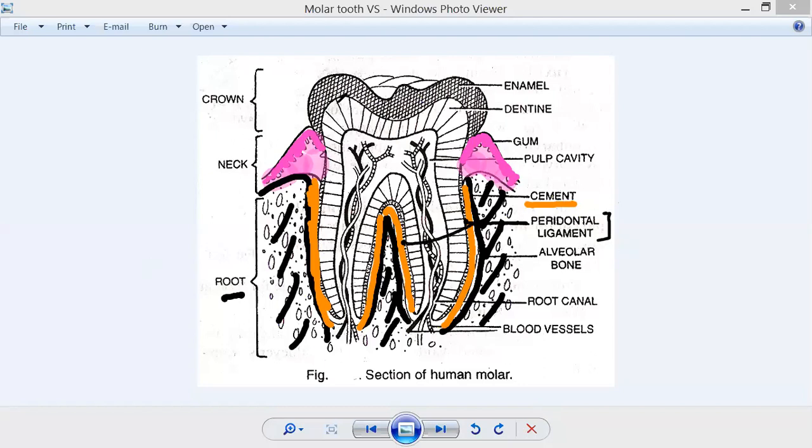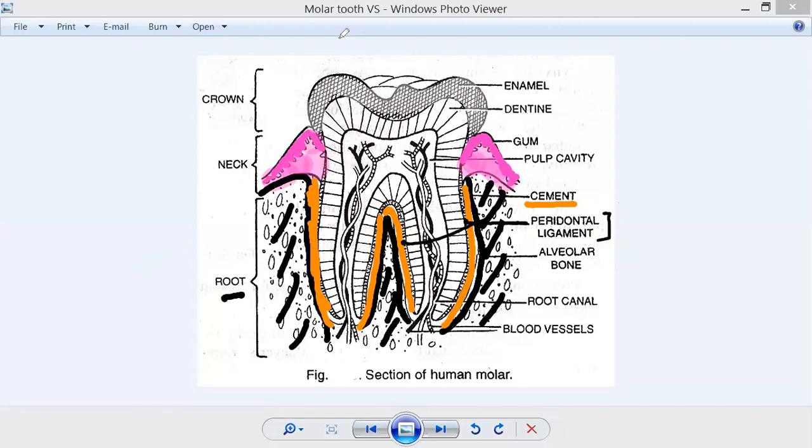Now, if you see the teeth, our teeth are divided into 3 parts. The outer part, which you are seeing here, the outer part you are seeing outside. So this is the enamel part, which is the hardest part of your body. Fine.